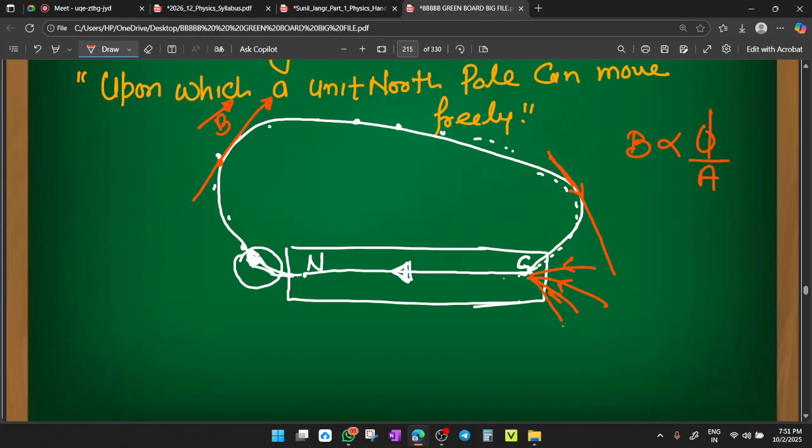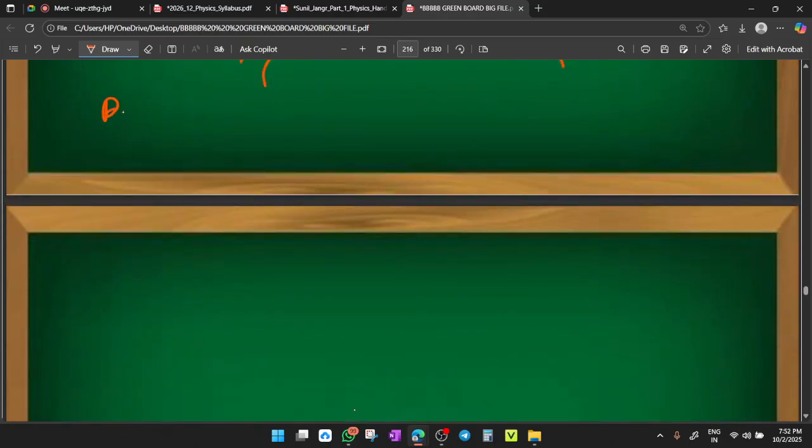If the number of flux lines is larger, the field will be higher. And if the flux lines are rarer, smaller in number, then the field will be smaller. That is why near the pole the field is stronger, because the number of lines per unit area is greater. Remember, magnetic field strength does not depend only on phi, rather it depends on flux per unit area.